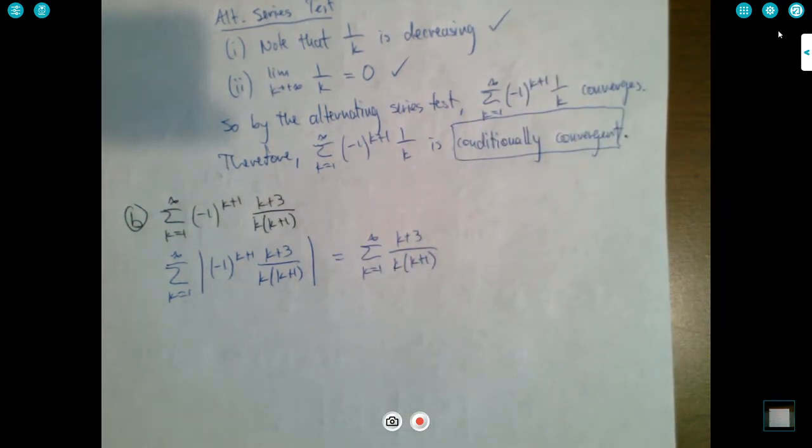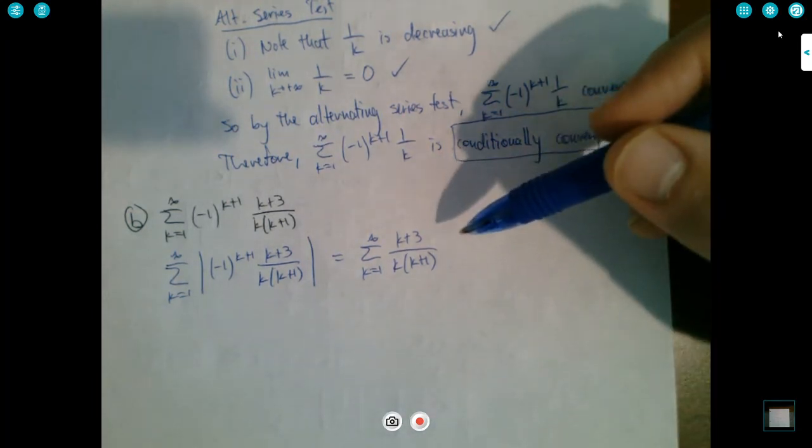And the question is, does that thing converge? So let's apply a test to see.